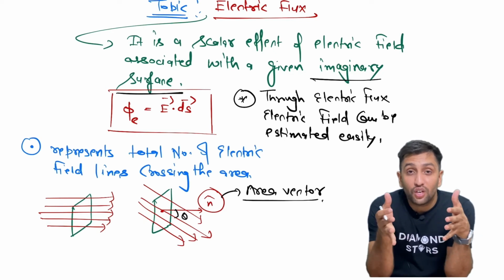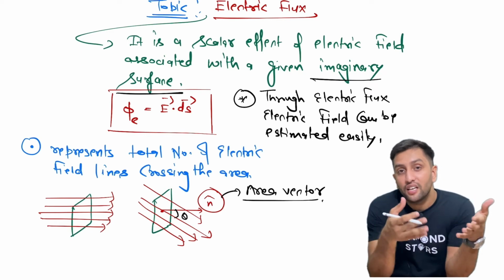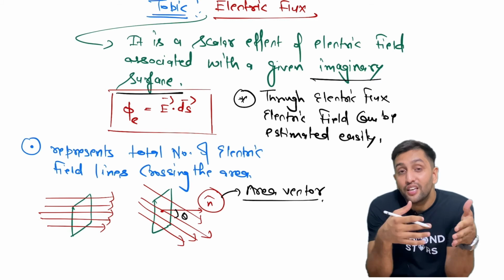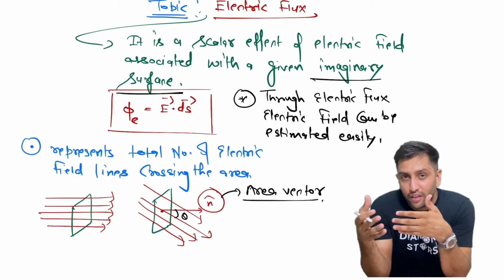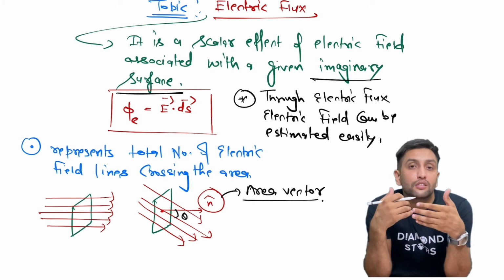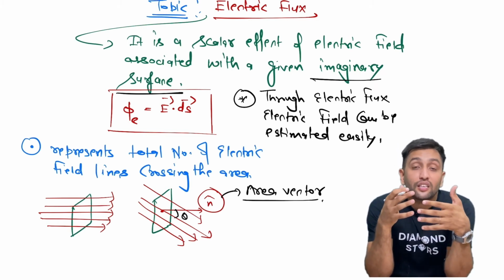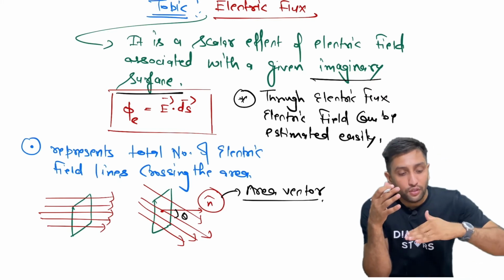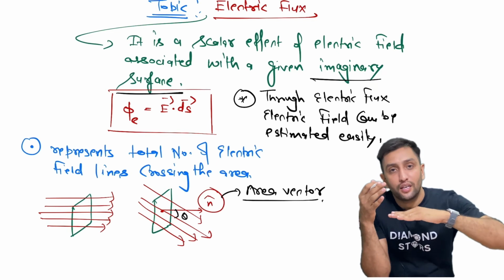Now this is very strange, that I am pronouncing area as a vector. Area is although a scalar quantity, but in some cases, when you are representing the direction in reference to the surface whose area you are considering, you take that area vector.